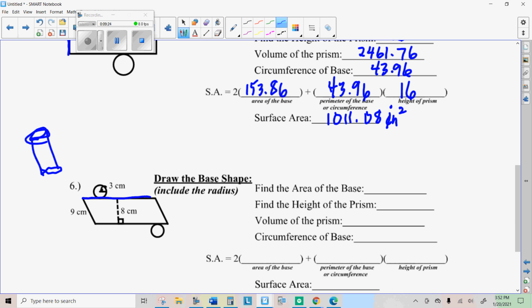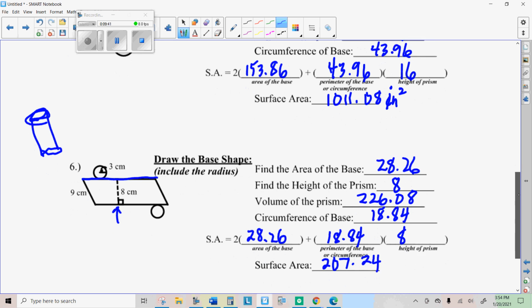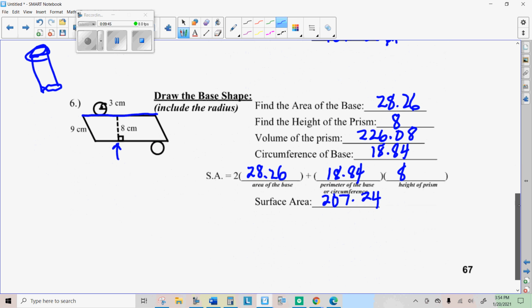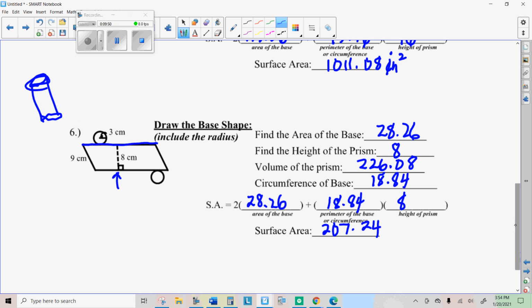This line here is the circumference times the height. The one that has a little perpendicular symbol and the right angle symbol is the height. So use 8 for your height. Go ahead and do the rest of it. All right, check your answers and see if they agree with mine. Make sure, I don't know if I mentioned this earlier, but I've been using 3.14 for pi all the time.